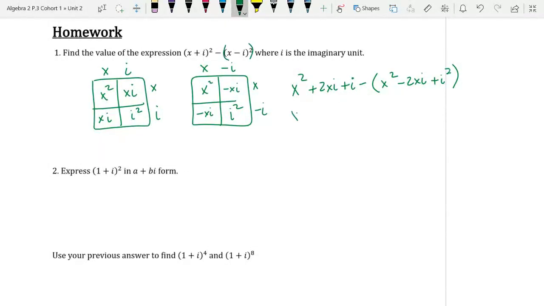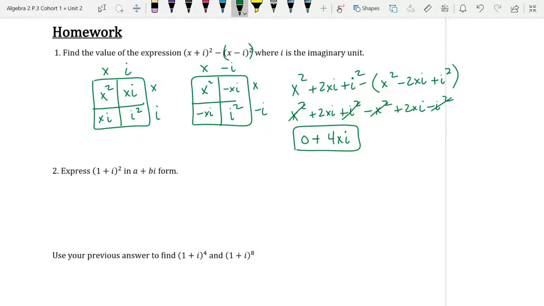So if I distribute the negative, I then can combine like terms. The x squareds are going to cancel. The i squareds are going to cancel. So I'm going to be left with 4xi. Now, it doesn't say to put this in a plus bi form, but I'm going to, just as good practice. So 0 plus 4xi. 4x becomes the imaginary part.